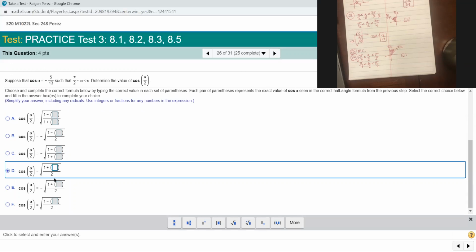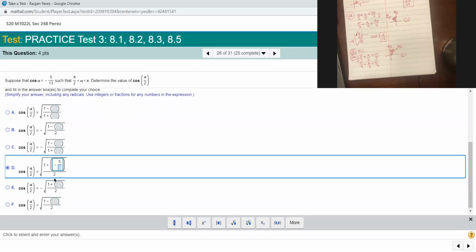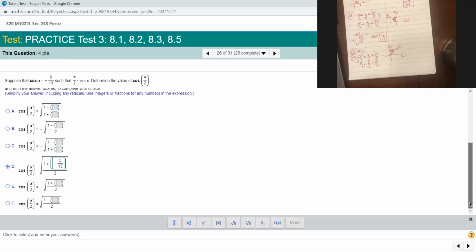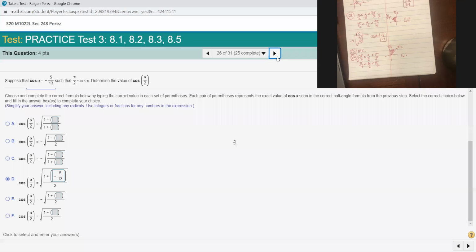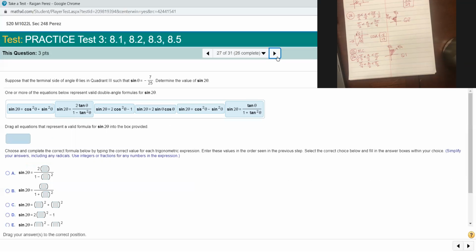So 1 plus negative 5/13. If they would have given us a sine or a tangent, we would have had to draw the triangle to find cosine. But because they gave us cosine, we could just plug it in. And I think that's everything for 26.